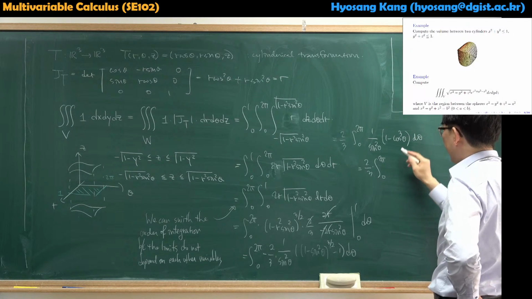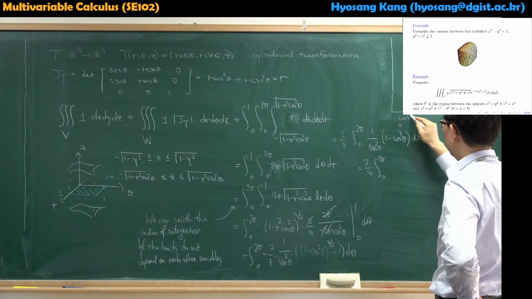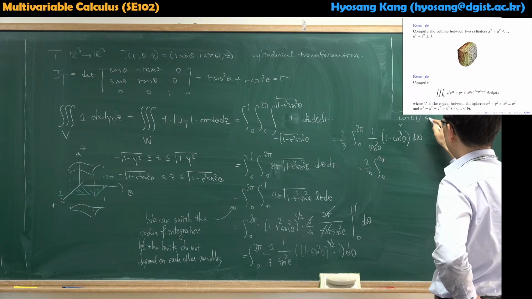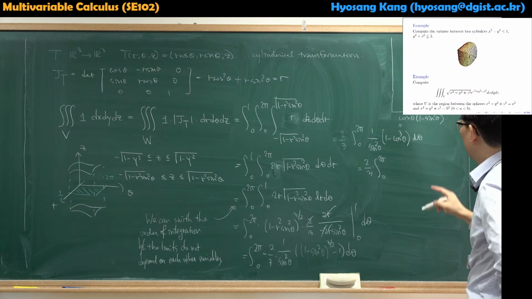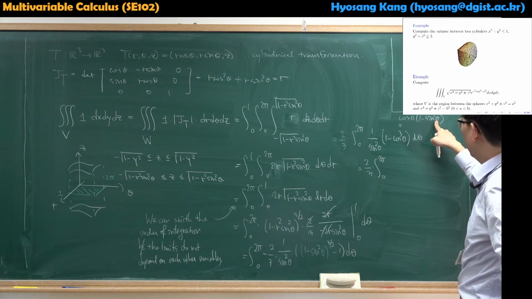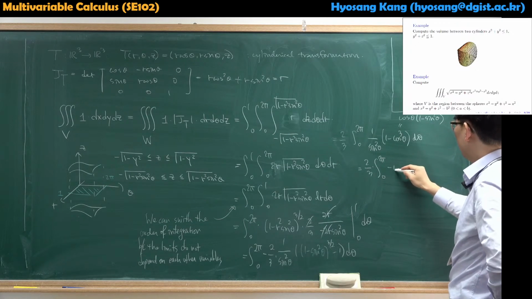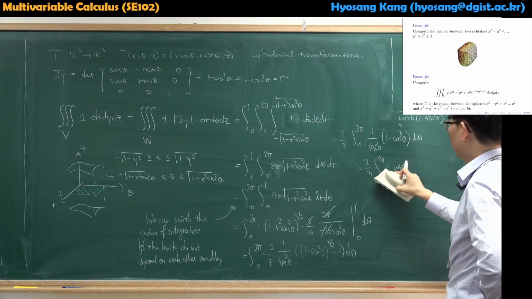And I'm going to split that cosine cube as cosine times 1 minus sine square. So canceling this, I have minus cosine, is it minus minus, so it's plus, actually, plus.